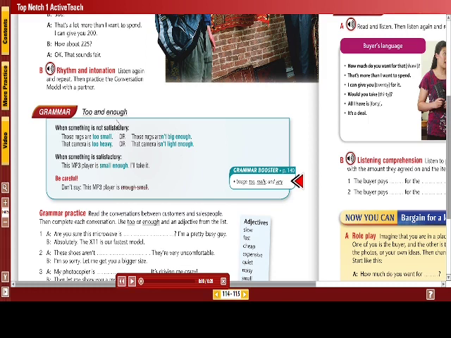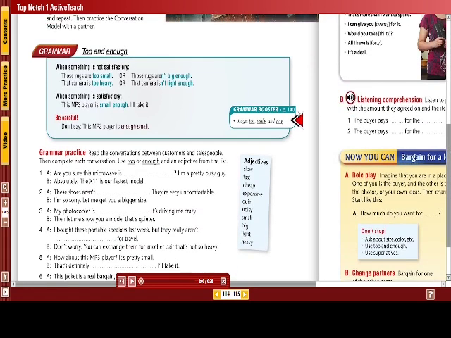And enough is, in this case, with negative sentences, it means that it is not enough. Well, those rugs aren't big enough. That camera isn't light enough. And we can use also the word very, similar to, for example, the camera is very heavy. The camera is too heavy.